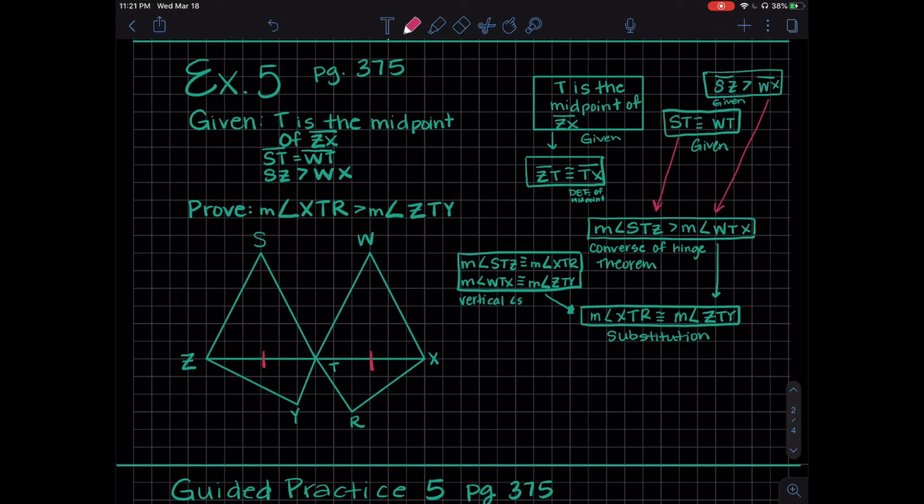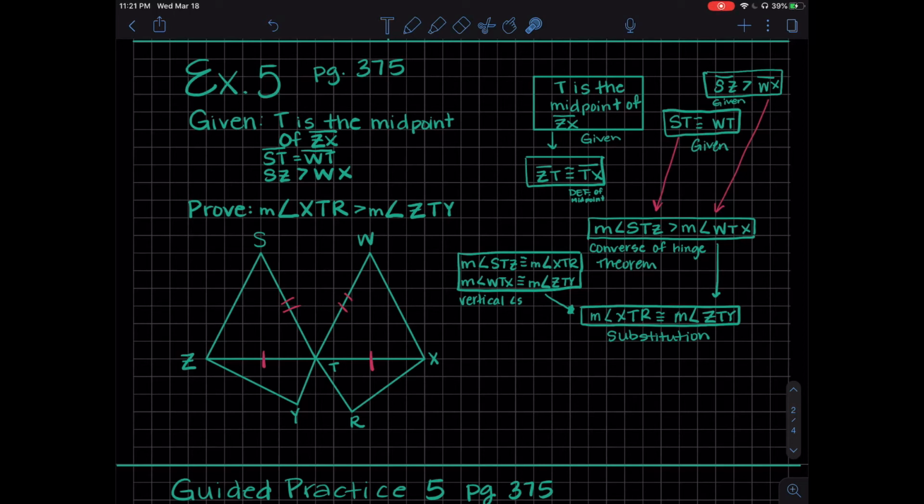And then we know ST is congruent to WT from given, so mark those up. And then we know that SZ is greater than WX.